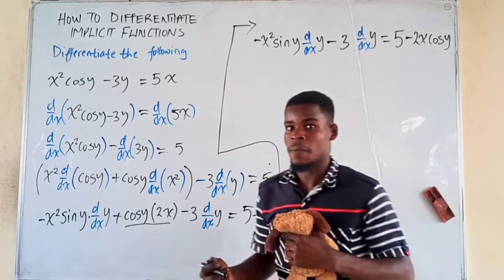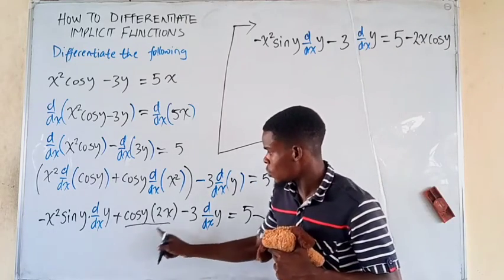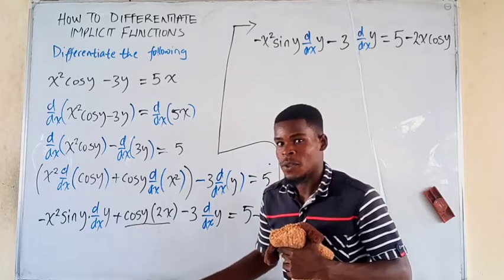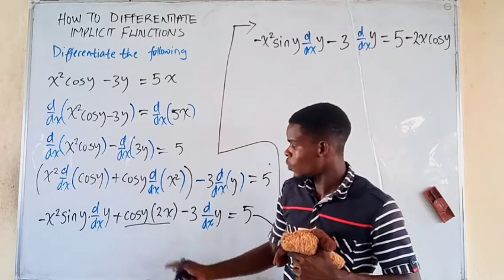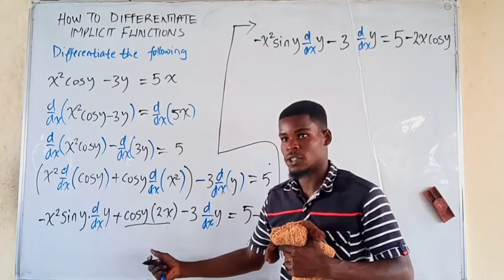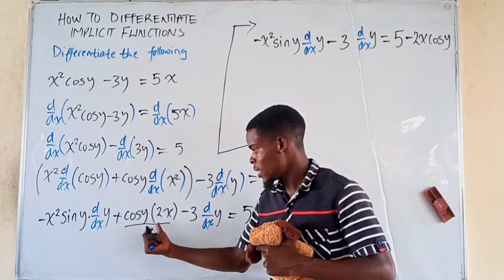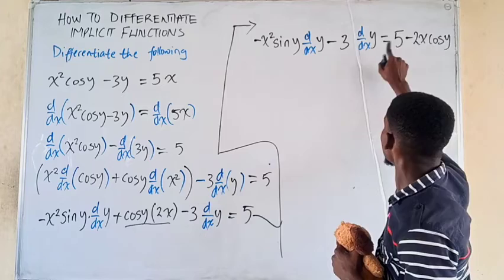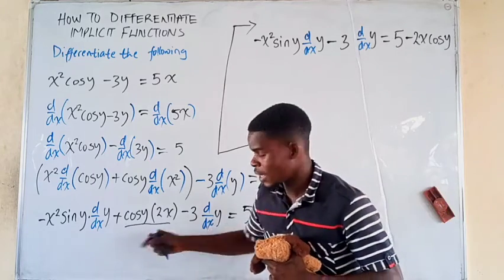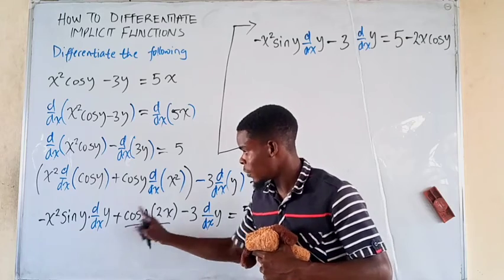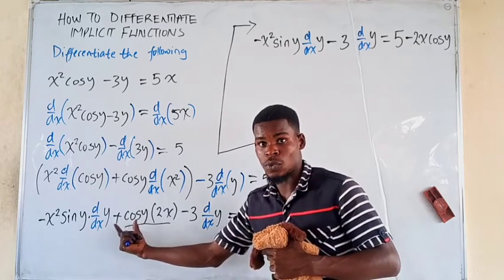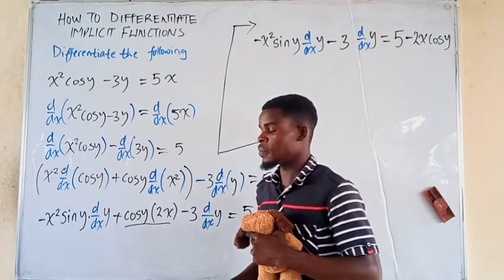Take note, we multiply 2x to this cosine y. We are not multiplying 2x to y, which is the angle. So when you want to multiply a trigonometric function with another thing, always write this thing on the left, and put down the cosine of that thing, keeping in mind that you are not multiplying this factor to the angle, rather you are multiplying it to the whole function, which is cosine y. Good.